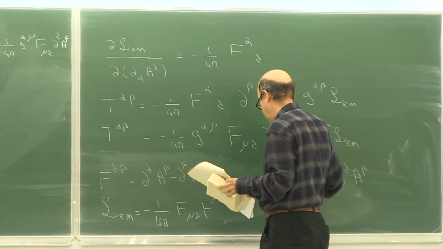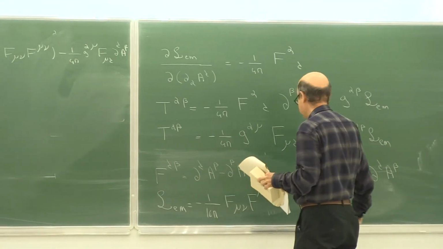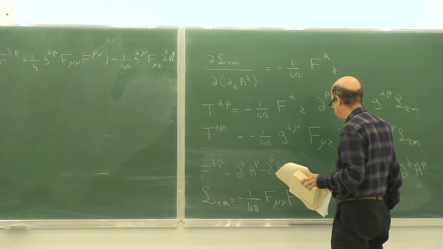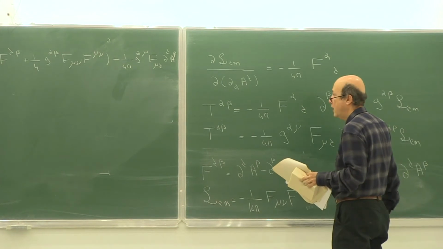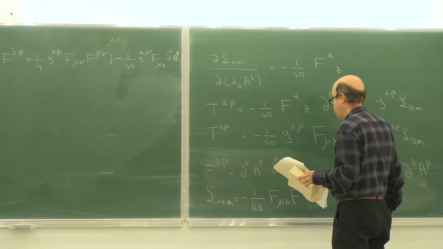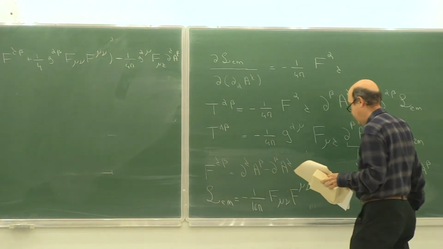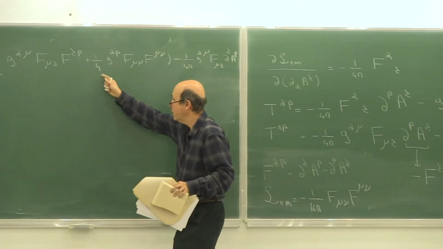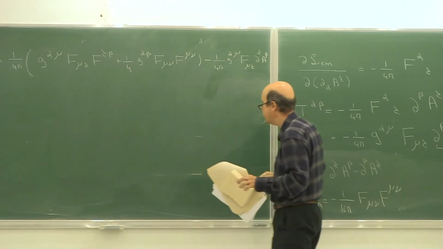F_{μν} is the Lagrangian density, and we have the minus, therefore it is positive there, and that is 16π, therefore we have 1 over 4 times 4π, 16π.